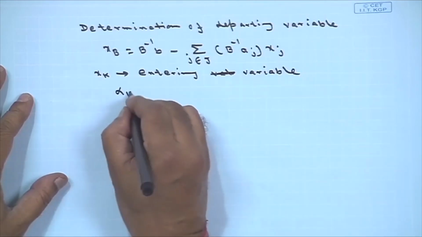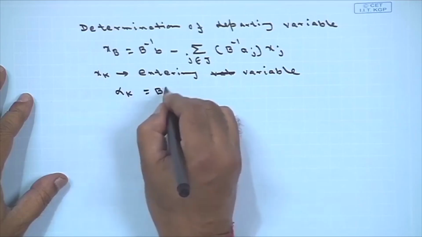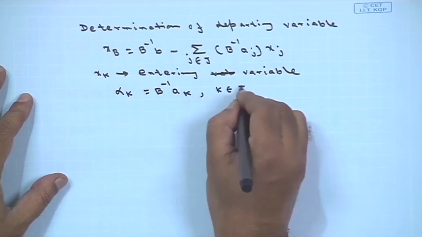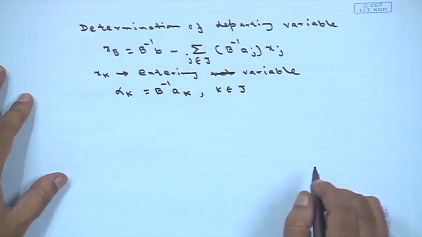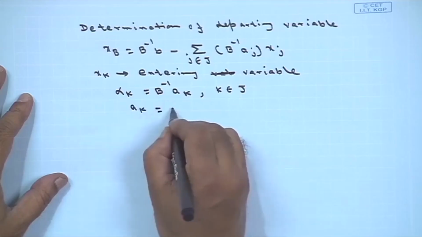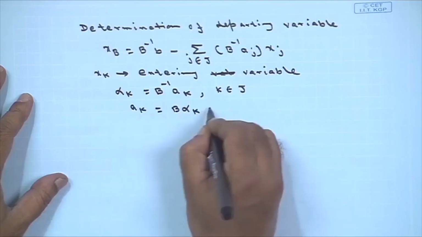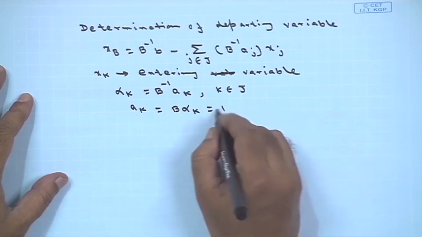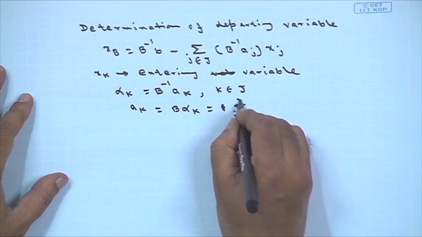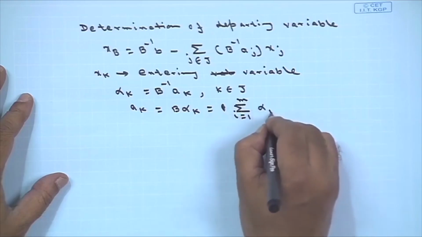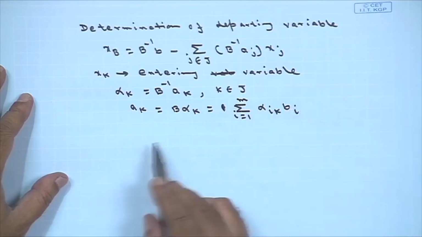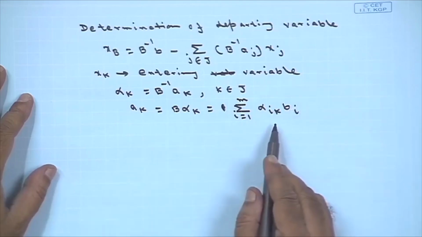Then I can write alpha k equals B inverse ak, where k belongs to the index set of non-basic variables, and from here you can write ak equals B into alpha k, which is summation i equals 1 to m of alpha ik into bi. So, your ak can be written by this.